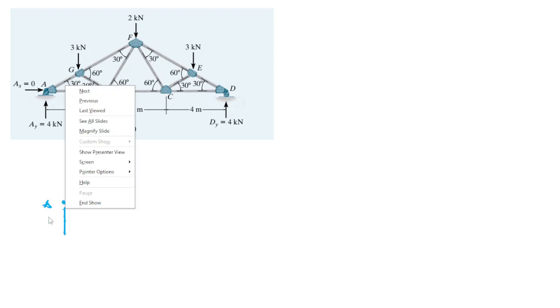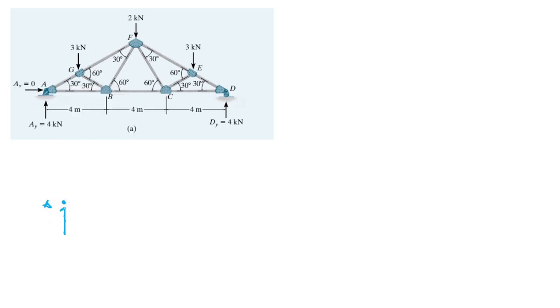So we have this 4 kilonewton going into the joint as seen. Then we have this, which we also assume is coming into the joint, and we assume that this is leaving the joint.